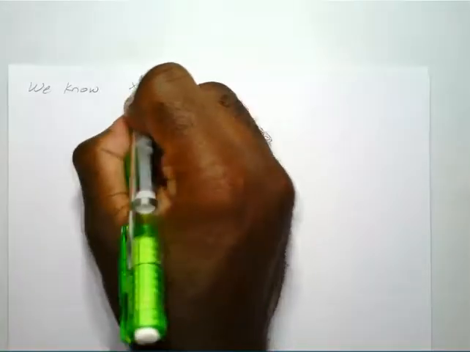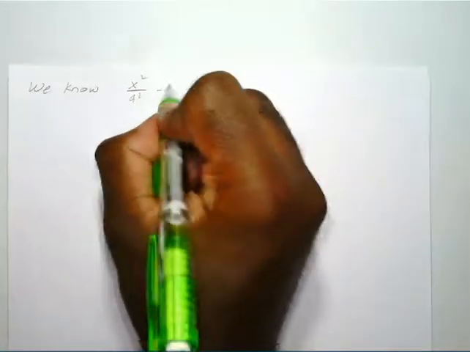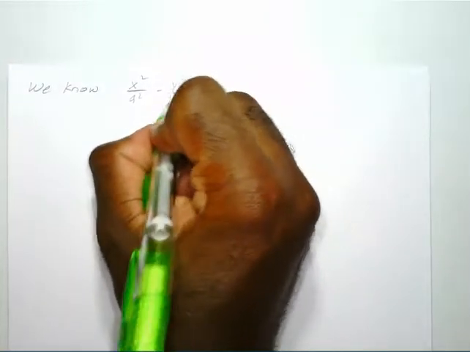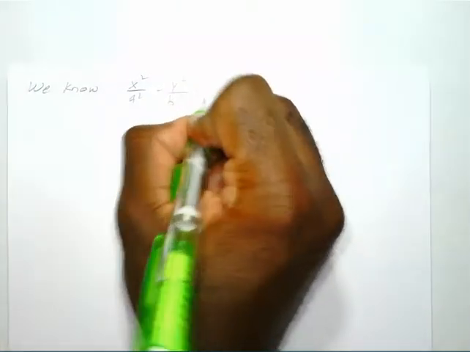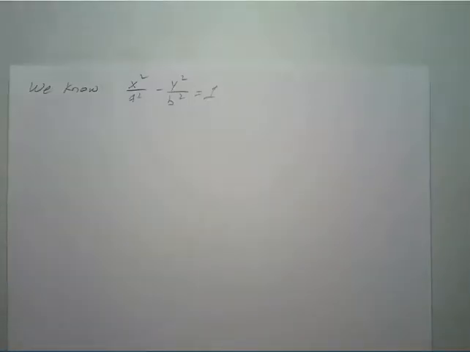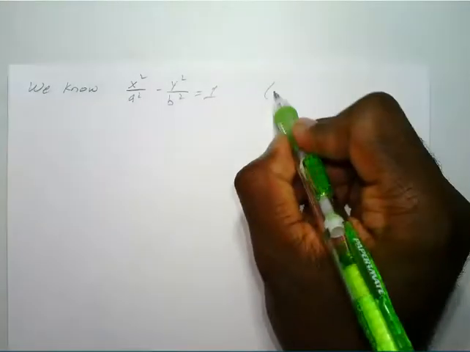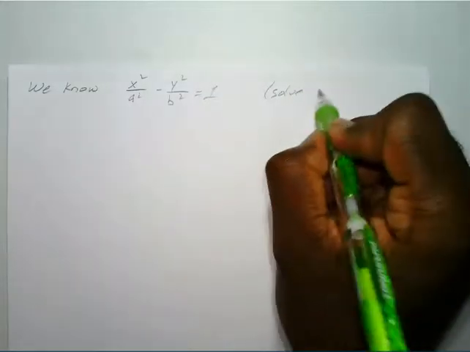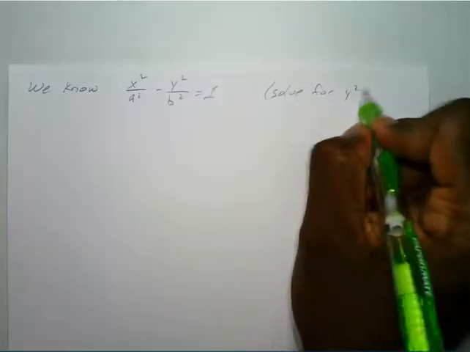All right, so we know that x squared over a squared minus y squared over b squared equals 1 is our formula for our hyperbola. Okay. So first thing we're going to do, we're going to solve for y squared.